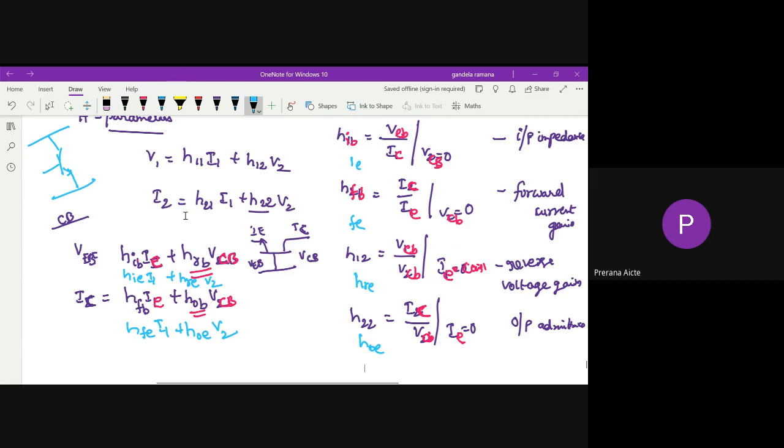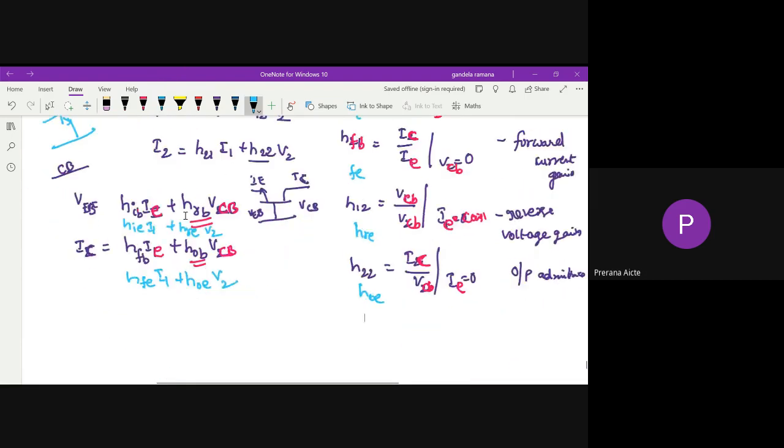In this way, the H parameters, the transistor parameters, are written for common base, common emitter, and common collector configurations.